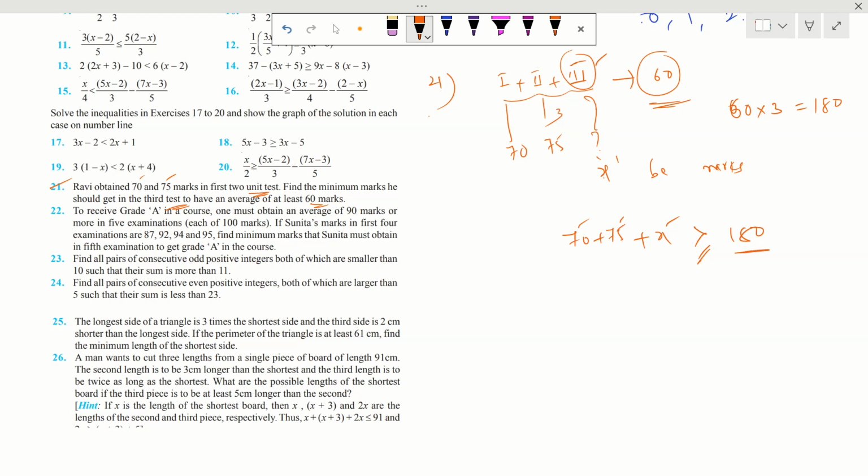So 180 is the minimum marks required, or it may be greater.